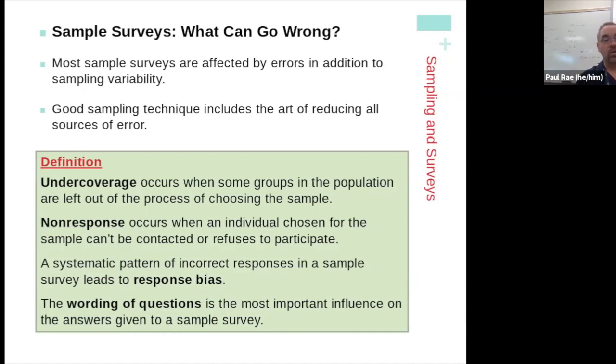The last one, the wording in the questions, can influence somebody's answer to your survey question. The way you wrote the wording of the question can also do that. So question wording bias, especially in sample surveys, can be a real problem. So those are some of the things that can go wrong with surveys and sampling.